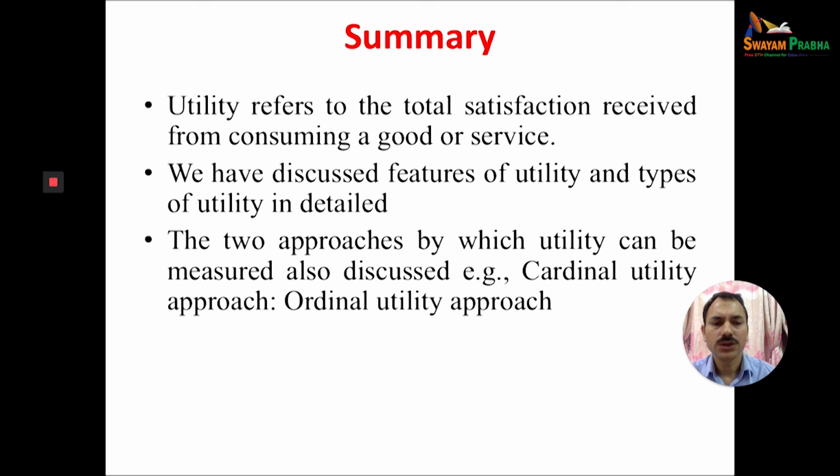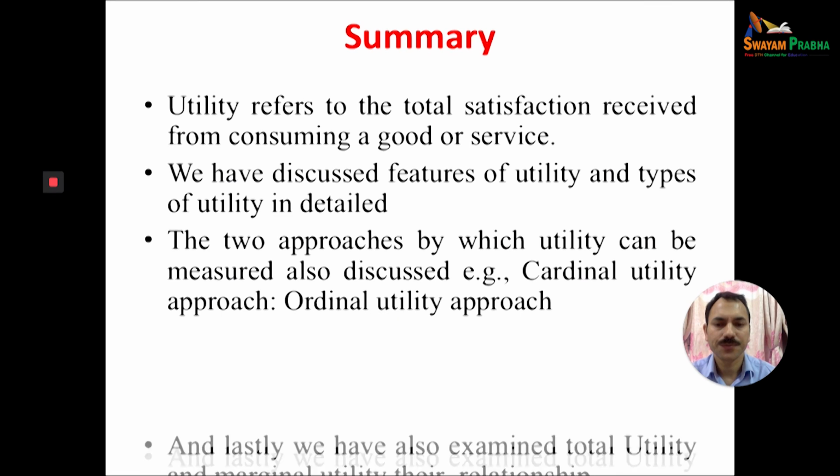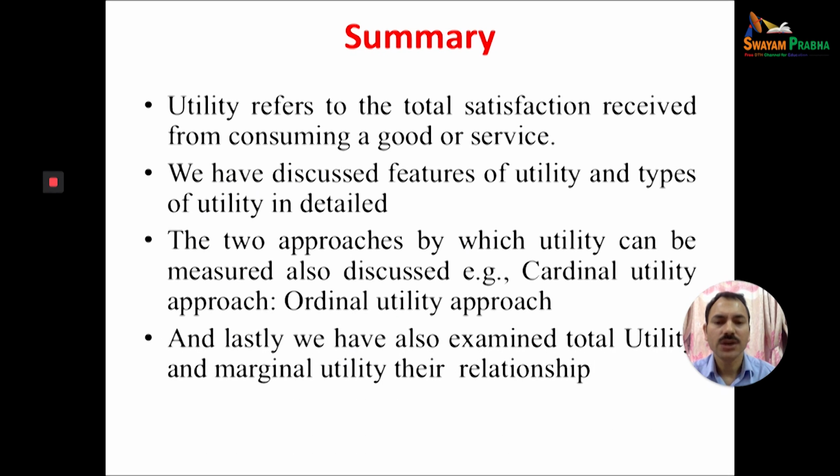Cardinal means utility can be measured in terms of numbers, and this was given by Marshall. Ordinal means we can just rank the utility, we cannot measure it in terms of numbers, and this was given by Hicks. And lastly, we have also examined total utility, marginal utility, and the relationship between them.